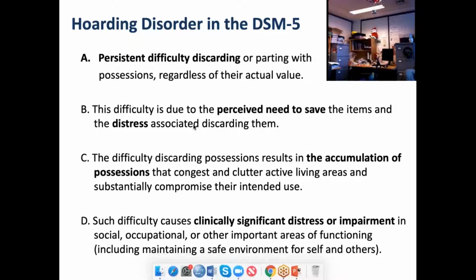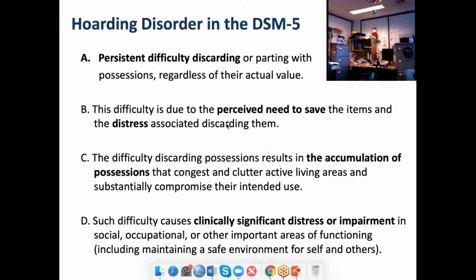So this is a very important distinction. For example, if somebody has difficulties discarding things more purely because of their cognitive functioning, for example, people with Alzheimer's disease, they may not have the best executive function, so they are simply having trouble categorizing things and making decisions, as opposed to more like psychological attachment or perceived fear of making the wrong decision, or the very negative consequences of what if I make the wrong decision.